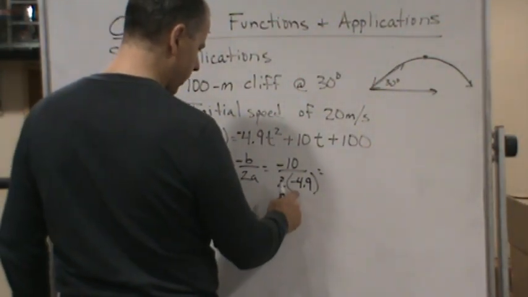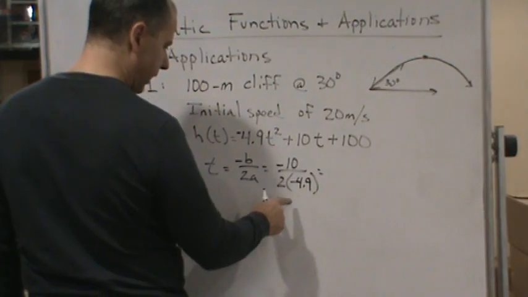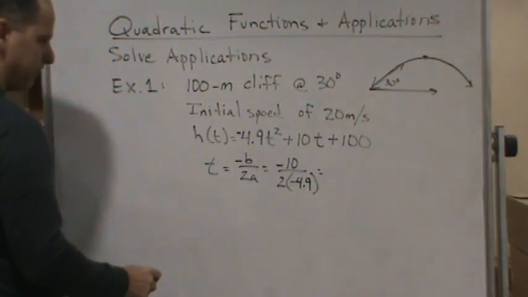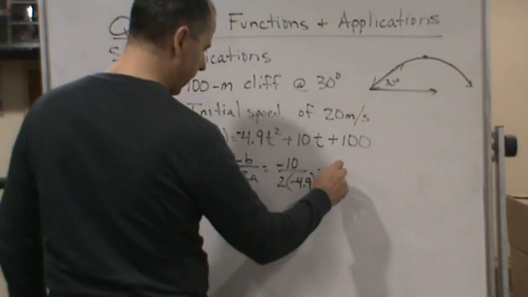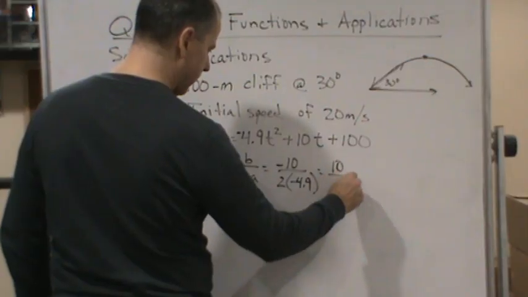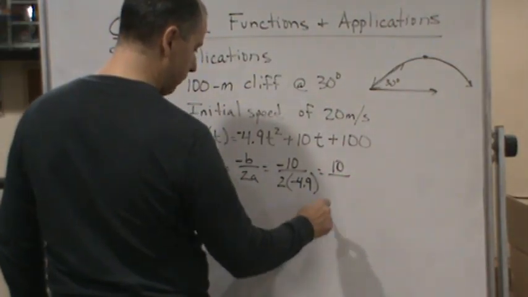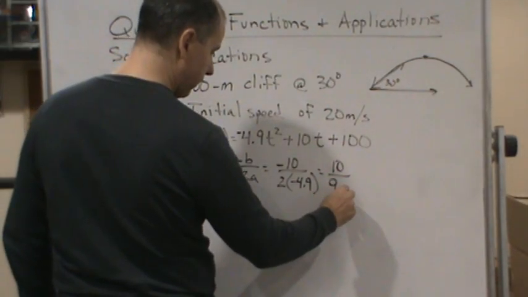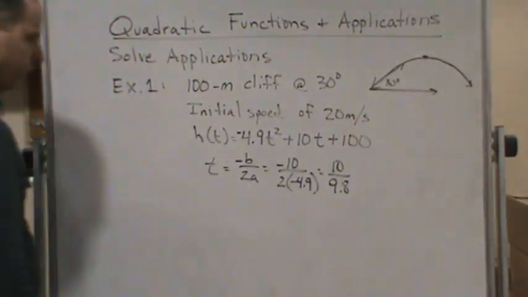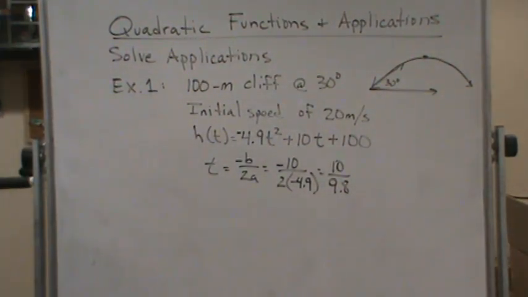So far it passes my gut check. This is going to be 10 divided by 9.8. So it's going to be slightly above 1 second, approximately 1 second after release.